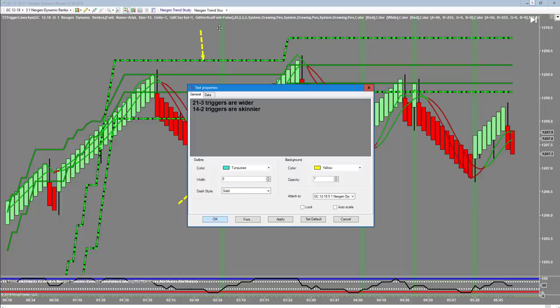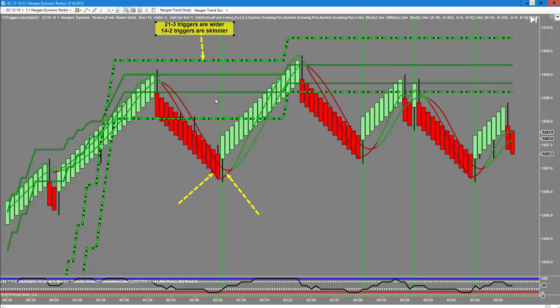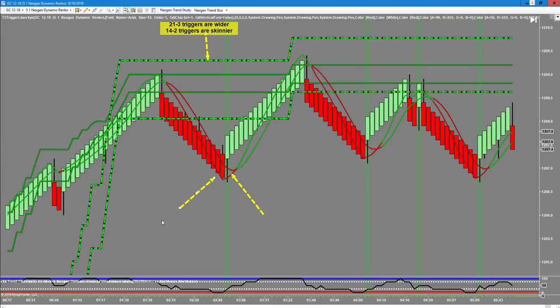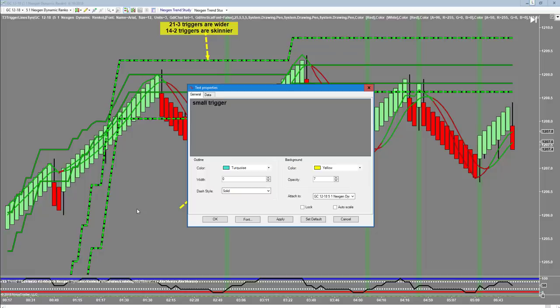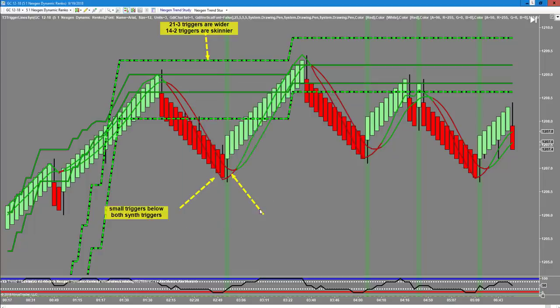And you can see they're both crossed up because they're both green. Everybody okay with that? And then the small triggers are these fast ones. And again, look, this is the precursor for everything that we're going to do. So is everybody good with this?